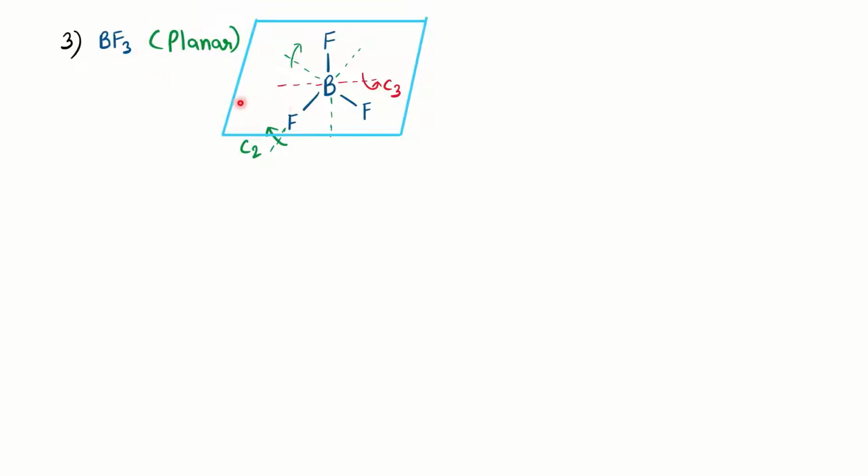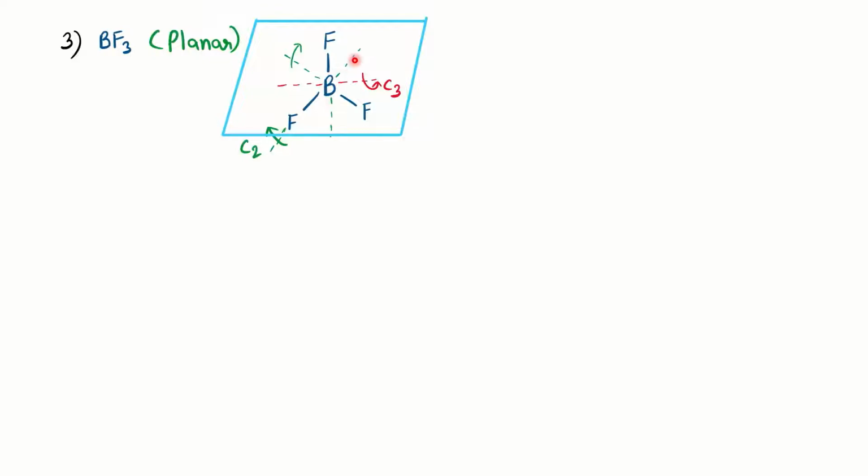BF3, we know the shape is planar. The axis of rotation is passing through the boron perpendicularly, you can notice here. And if you rotate again by the same C3 axis, 120 degrees, imagine it has to rotate 3 times. But since it is a planar molecule, it can possess the C2 axis of rotation also.